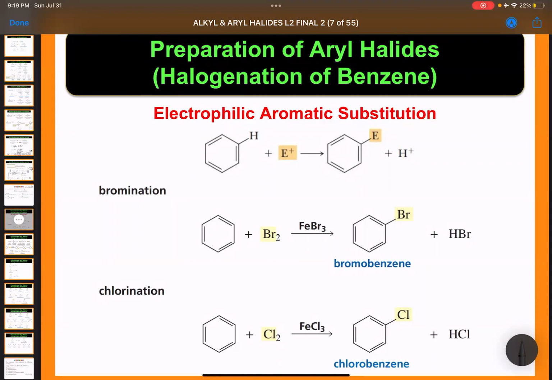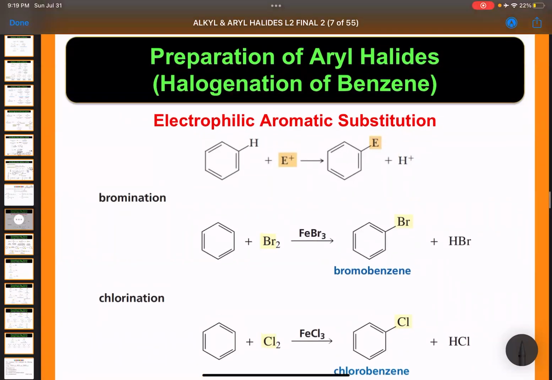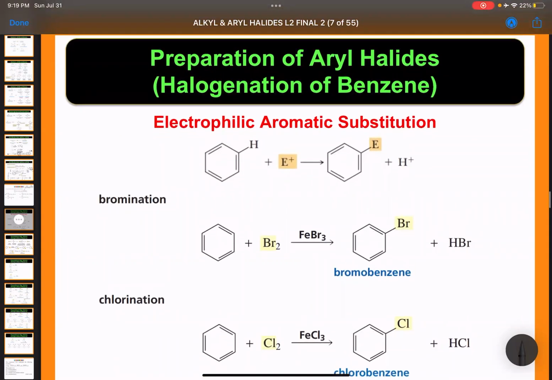Light provided energy to break Cl2 into Cl radical. Cl radical abstracted the H radical. The carbon radical again attacked Cl2 to form CH3Cl, and that was free radical halogenation. It was a substitution reaction in which H was displaced by Cl, but the intermediates involved were radicals, so that was free radical.